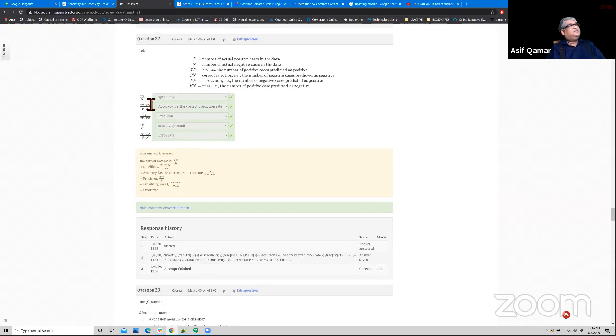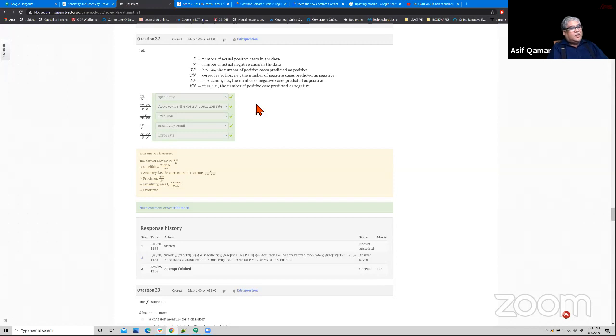Specificity is true negative over negative. In other words, what proportion of negative cases it could mark as negative. Think of specificity as a robust rejection test. When you're doing the ultimate test for cancer, before you put somebody through chemotherapy, what is the one test you want to do? You want to do a test with high specificity.